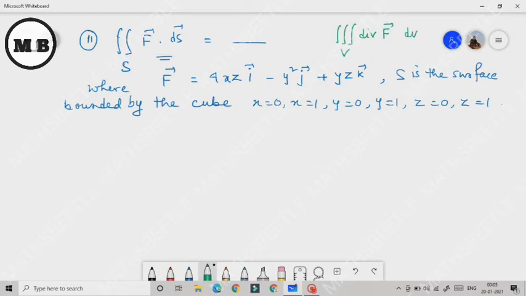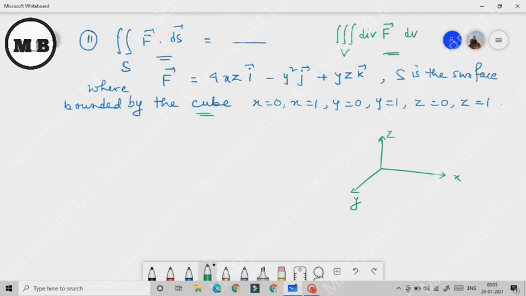But before going on to this calculation, you need to decide what the bounded region is. So x equals 0, x equals 1, y equals 0, y equals 1, z equals 0, z equals 1. Say this is your x-axis, this is your y-axis, and this is your z-axis.